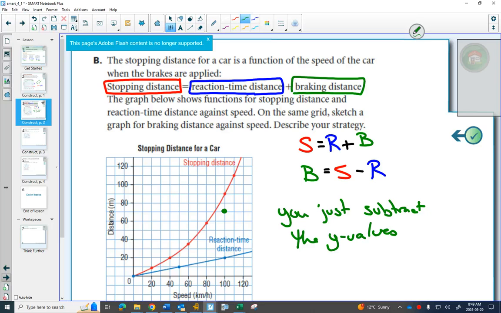We're just going to work with our y values. So the red minus the blue would take you 70 meters before you stopped, and it looks like 90 meters in total. Which is kind of scary to think that if anything jumps out in front of you within 90 meters and you're going 100 kilometers an hour, even if you react right away, you're probably going to hit that.